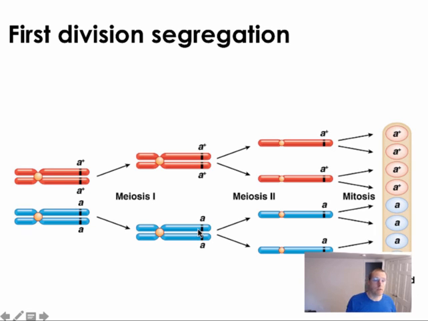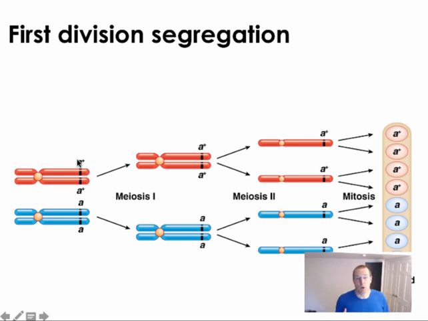So there's the A plus chromosome, there's the A chromosome, and then if we do meiosis 2, we can determine that these two spores here must have obtained this A plus from a certain chromosome over here in the parent.